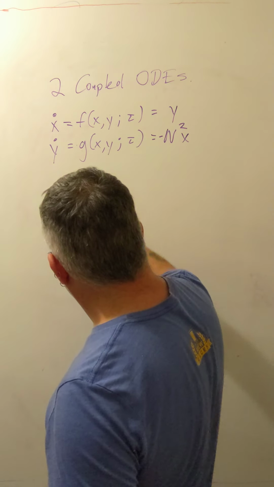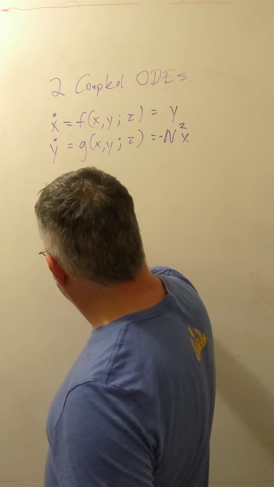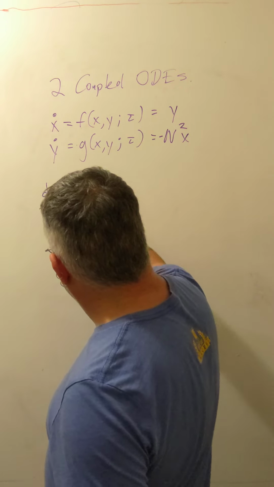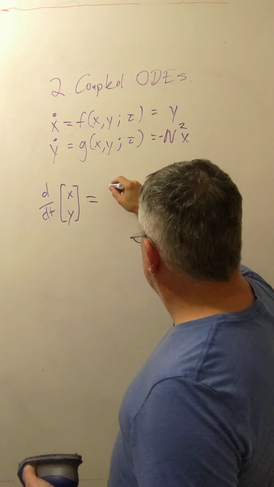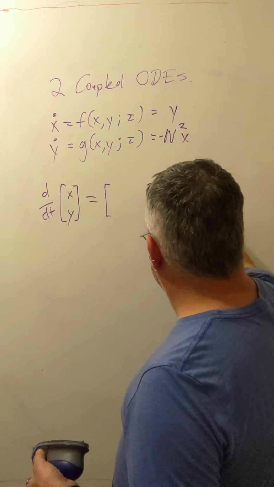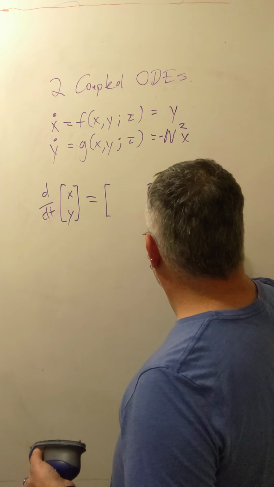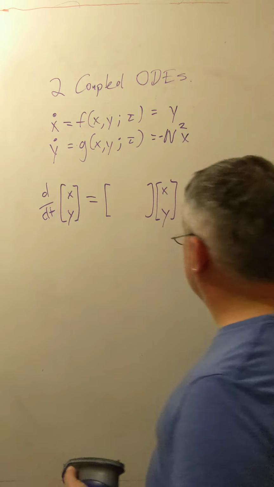I could take d dt of x and y, so that just means take the time derivative of the upper component, take the time derivative of the lower component, the two equations, and that'll be equal to some kind of matrix times x and y. Well, let's see, what is it? In the x equation, I need y, so that's 0 and 1. And in the y equation, I need minus N squared times x, so minus N squared, 0.